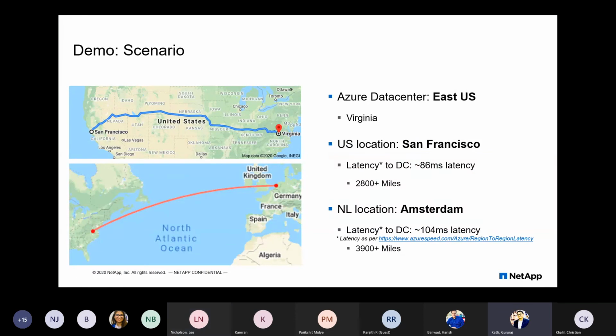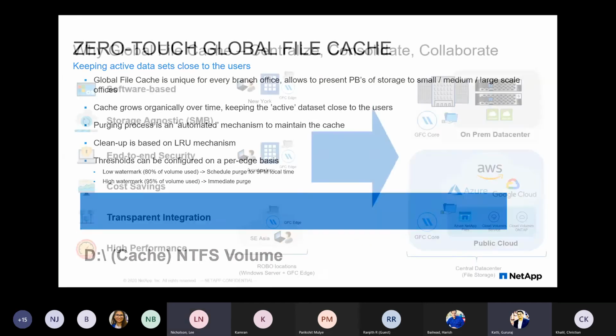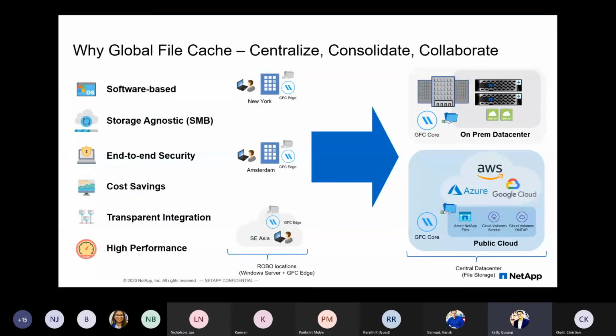Quickly, a question. Could you go back two slides? The previous one where we had core and edge. Yeah, here. So this is like geographically dispersed locations.